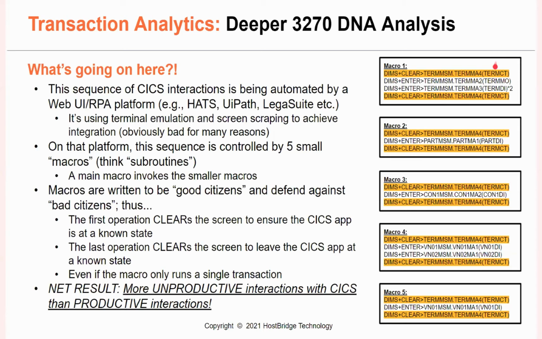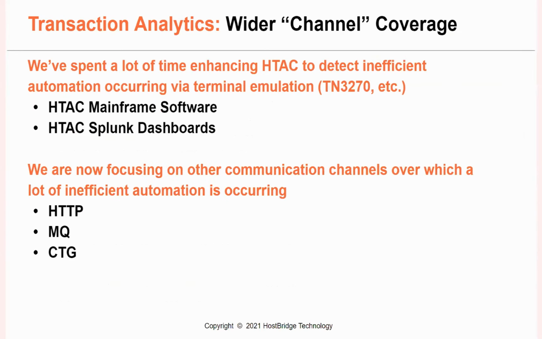And that's because someone with very good intentions, but using terminal emulation and screen scraping to achieve integration, wrote a set of macros, never understanding the cost on the back end of all of those needless interactions with CICS.